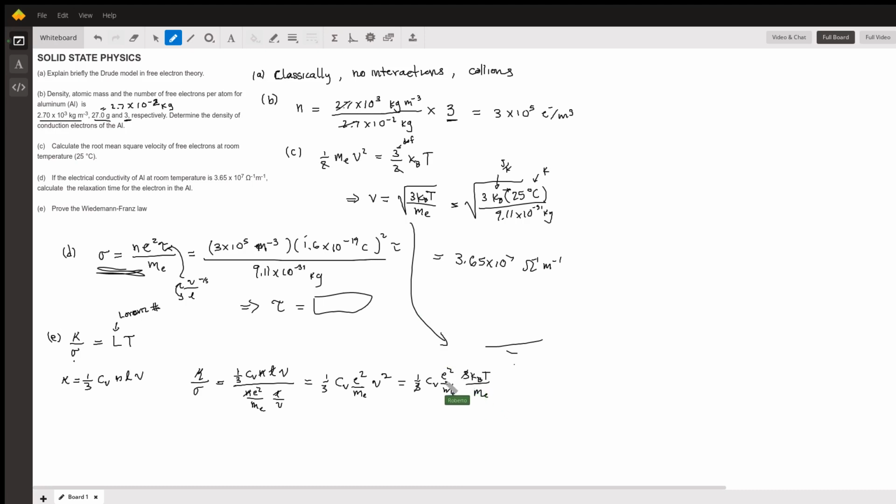So our 3's cancel, and you probably know this, but C_V, the heat capacity for a metal, from the Dulong-Petit law, is just 3 kB.